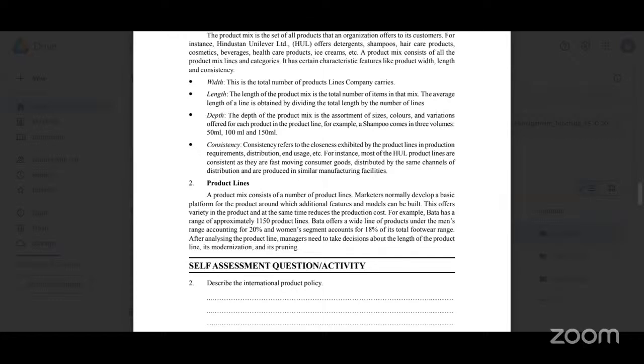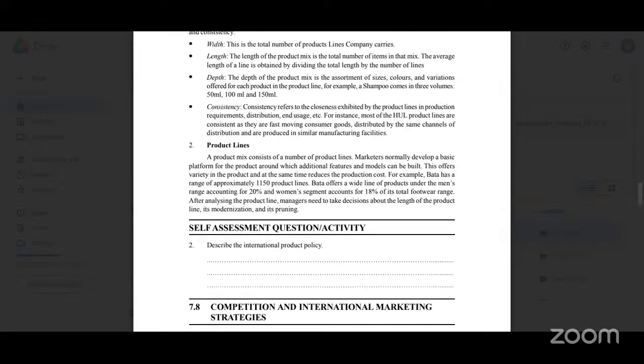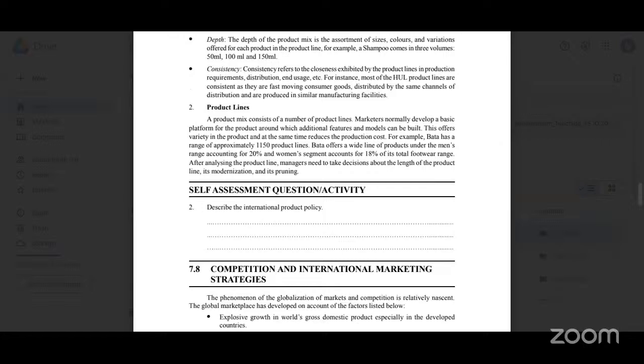If you were to look at Bata as an example, Bata has a range of approximately 1150 product lines. Bata offers a wide line of products under the men's range, accounting for 20%, and the women's segment accounts for 18% of its total footwear range. After analyzing the product line, managers need to take decisions about the length of the product line, its modernization, and its pruning.